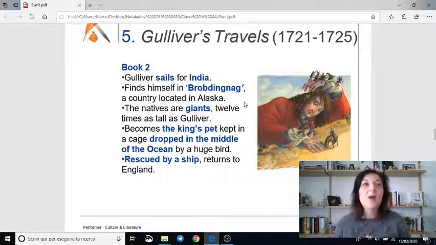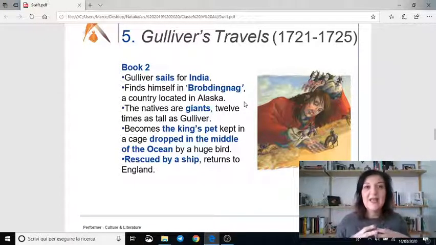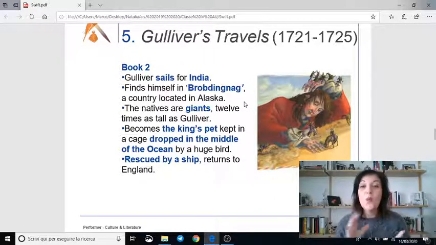Okay, what is the characteristic of the inhabitants of Brobdingnag? They are really big, they are huge. It is the land of the giants, while the land of the Lilliputians was inhabited by tiny, very small creatures.